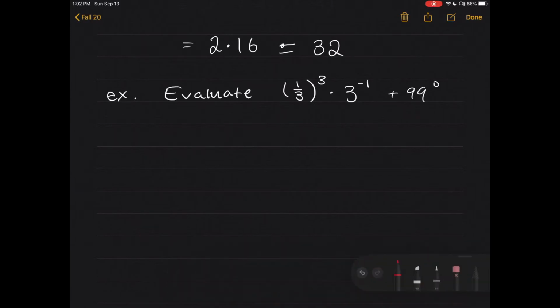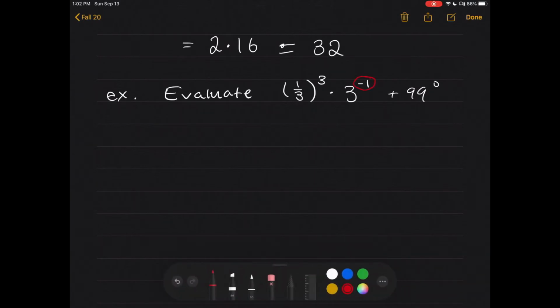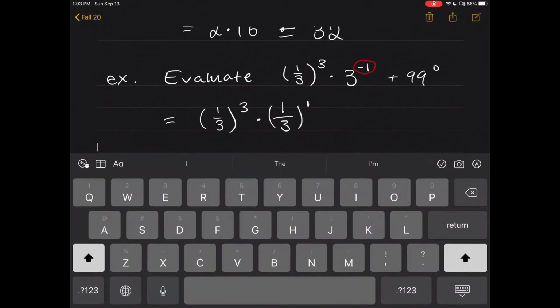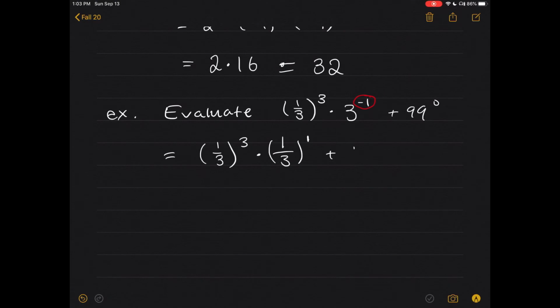So again, I think the first thing I'm going to take care of here is this negative power. What we're going to do is flip it over, right? So this can become 1/3 to the third power times, and this gets flipped over, so this becomes 1/3 to the 1 power, right? And plus 99 to the 0.